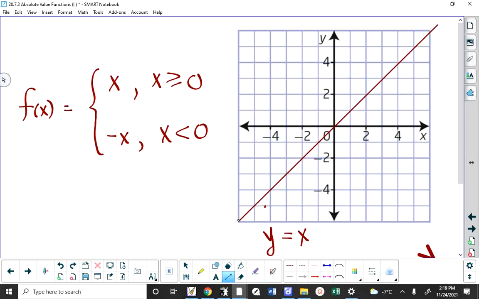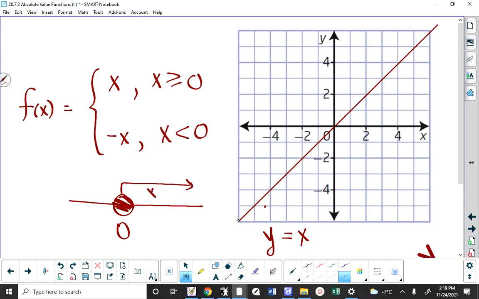This is y equals x. Are you with me? Okay. Where is x greater than or equal to 0? Well, x is greater than or equal to 0 on a number line at 0 and greater than it. That's x is greater than or equal to 0. You still with me?